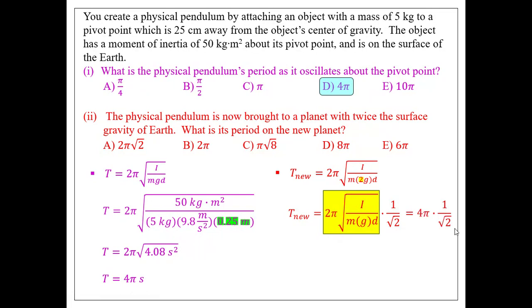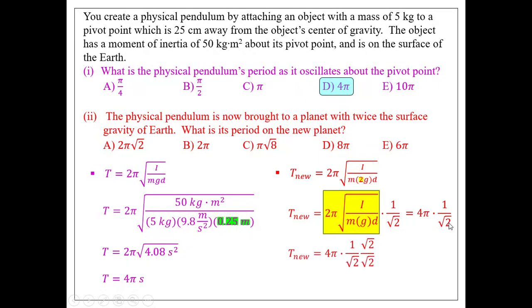So keep that in mind. I'm going to replace this whole yellow box with just 4 pi, times the coefficient that I pulled out, so 1 divided by radical 2. It's radical 2 because the 2 is on the bottom and underneath the radical. But you notice this is 1 divided by radical 2, so in math, it's proper to rationalize it.